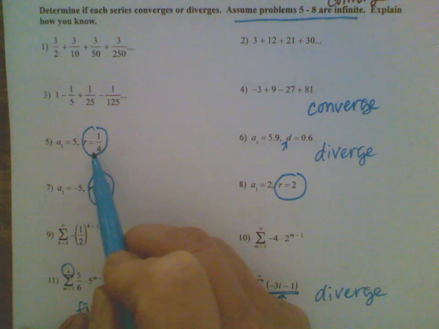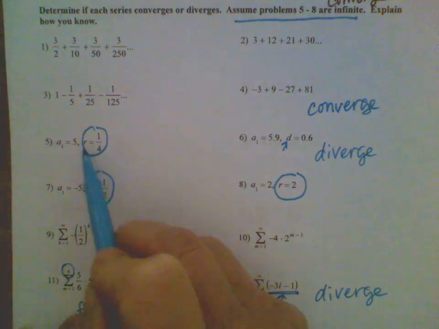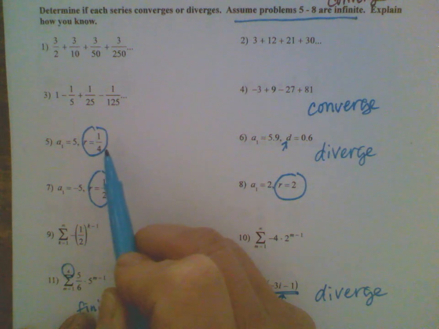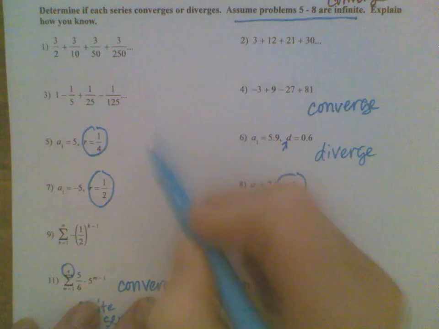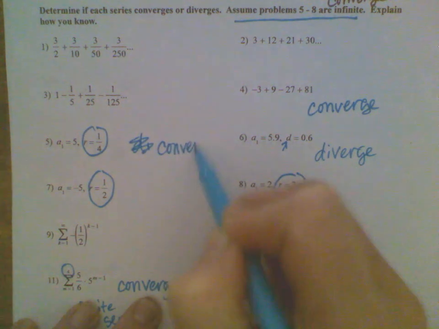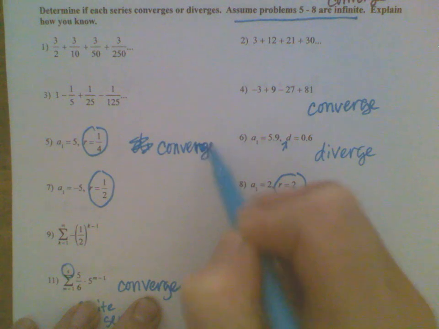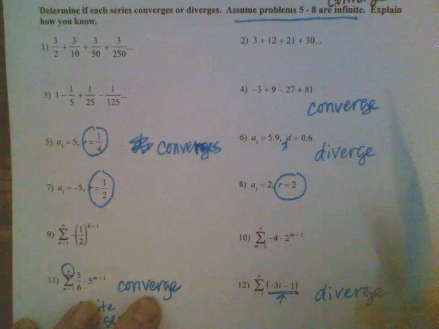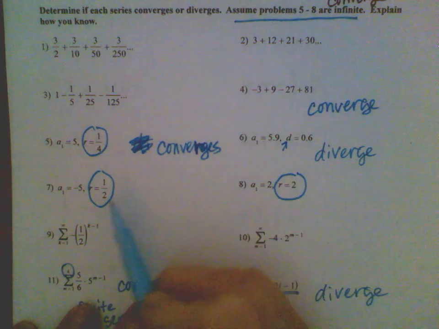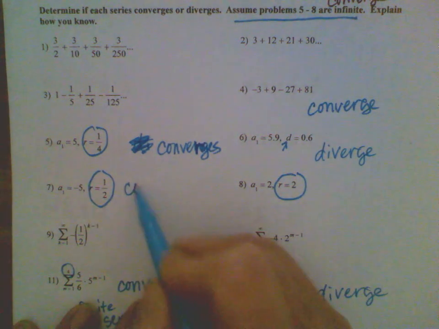Here my r is 1/4. Absolute 1/4 is less than 1, and so therefore this one converges. What is wrong with me today? Holy cow. Converges. Mistake after mistake. Ignore those scribbles. 7, same thing: absolute r less than 1, it converges.